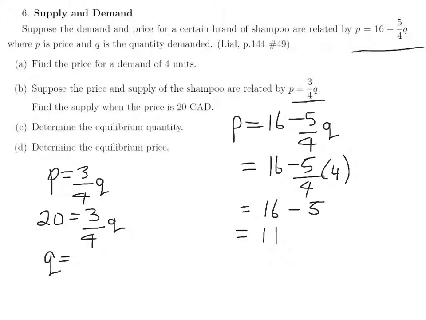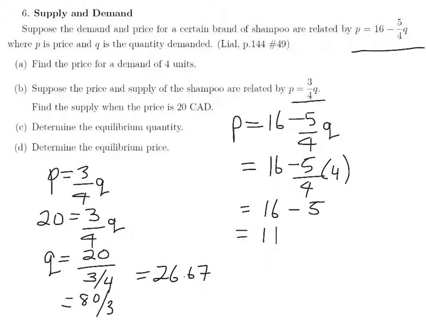So Q is going to equal 20 divided by 3/4, which will give you a value of 80/3. And of course you would divide that to find your number, and it will be 26.67. So we're looking at 27, which would be the supply when the price is $20 Canadian.